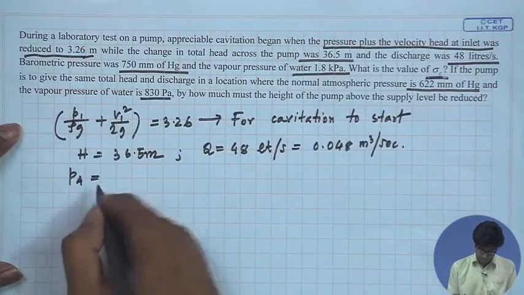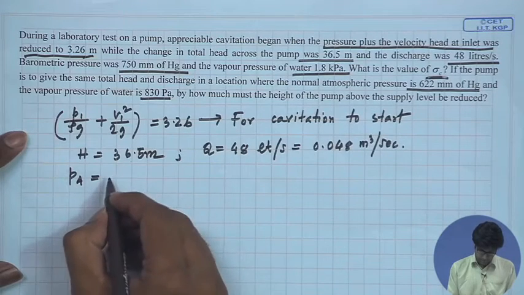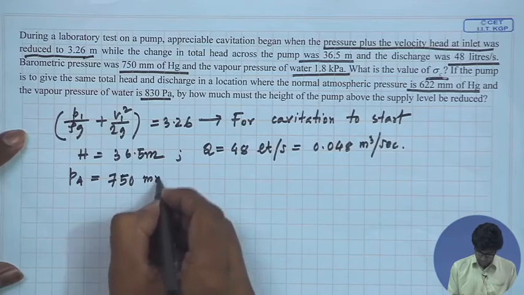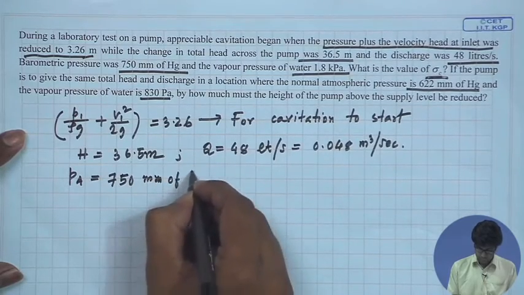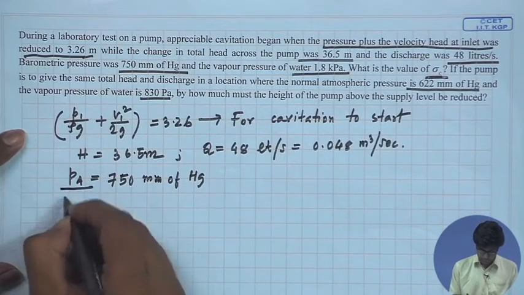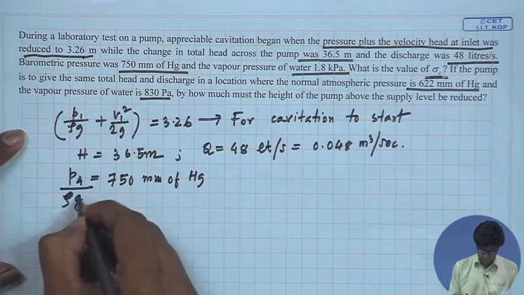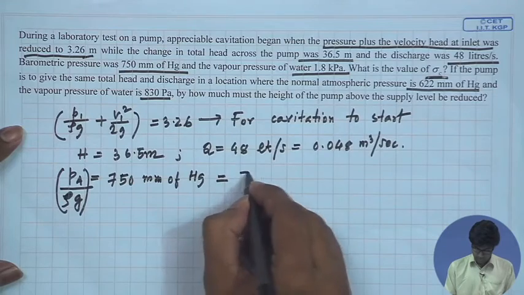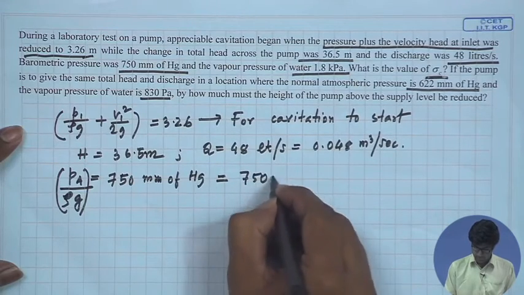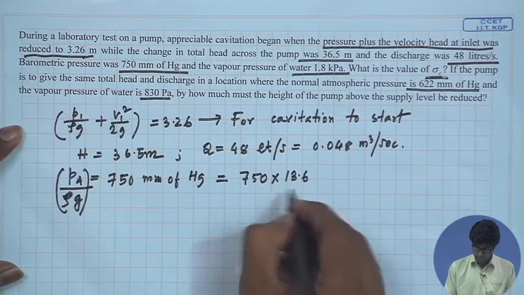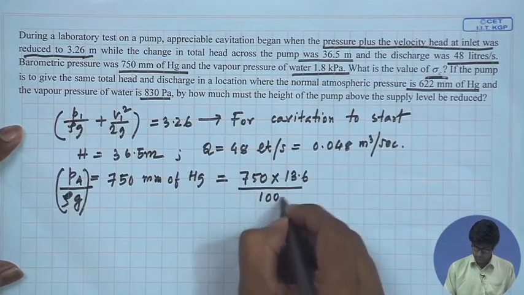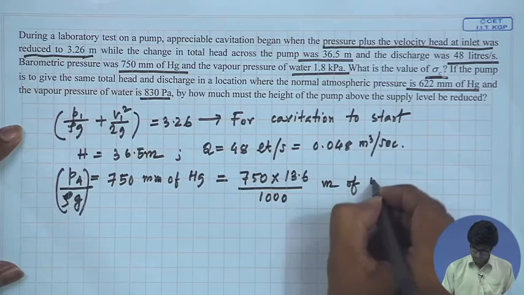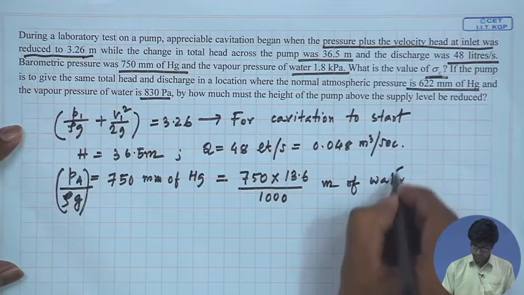The atmospheric pressure is given as 750 millimeter of mercury, or actually the atmospheric pressure head, which can be written as 750 into 13.6 divided by 1000 meter of water.